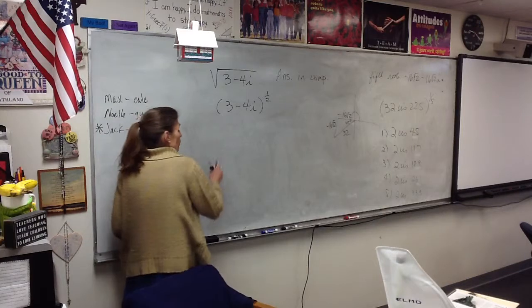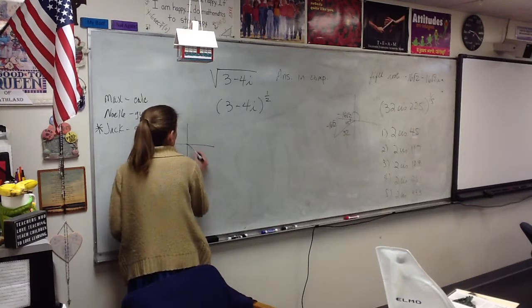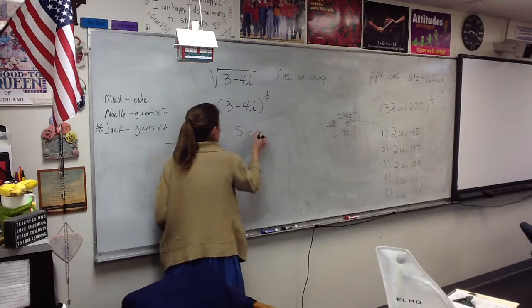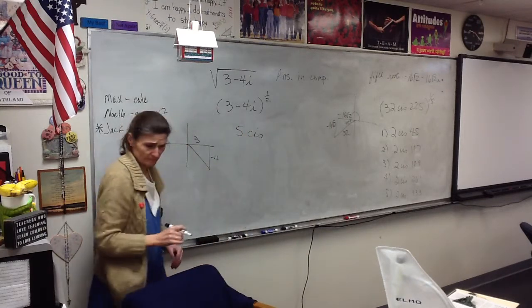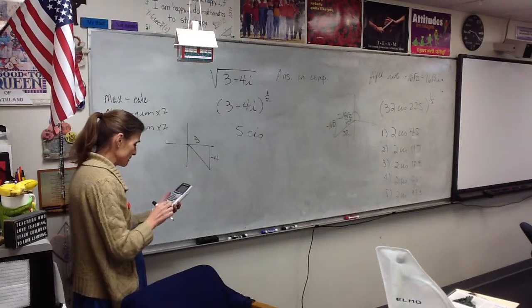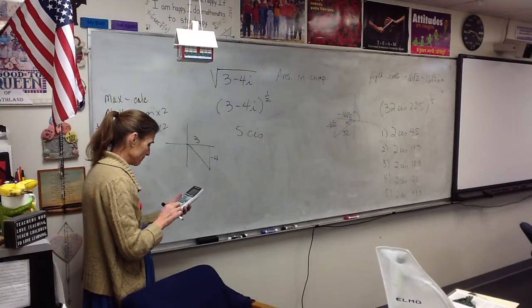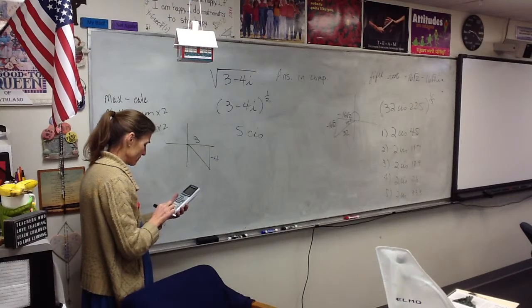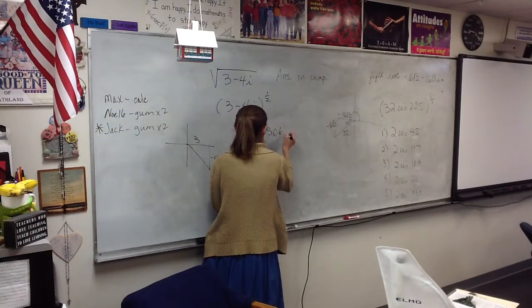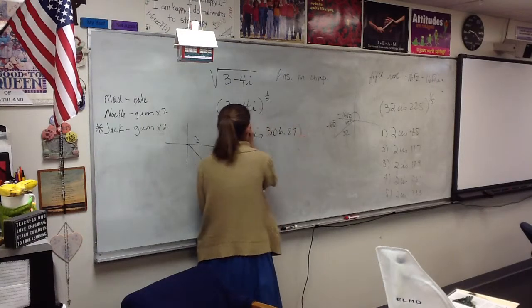Change it into polar form. So my radius is 5, and my angle I need some help on. I got 306.87.